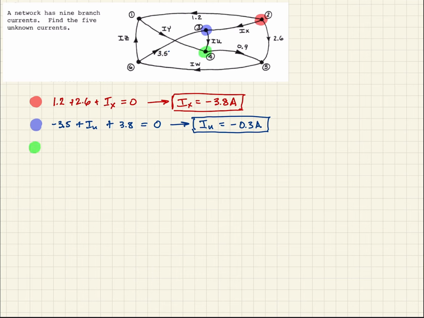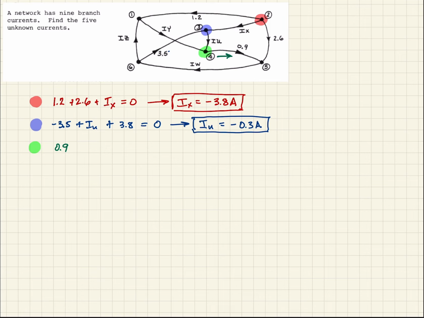When we look at node 4, we see again we have 3 paths. We'll just say arbitrarily, it doesn't really matter, that leaving is positive and coming in is negative. So the first one we see is this one here. We have 0.9 amps leaving, so we said leaving is positive, so it'd be 0.9.